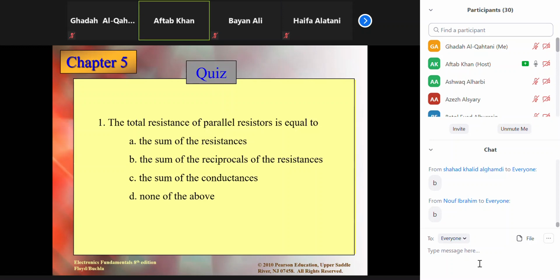The rest are sleeping. I am just looking in the chat. So 4 students said B, 1 student said D.